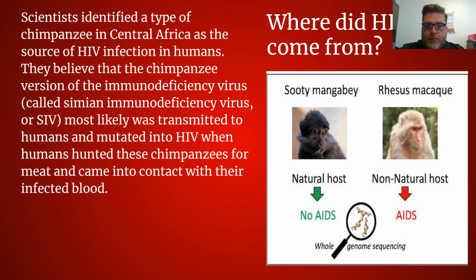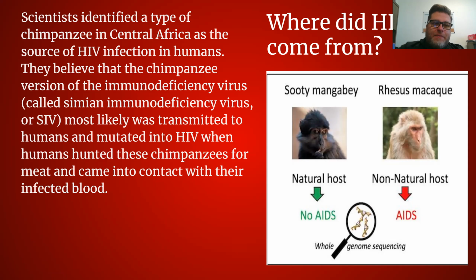Chances are what happened was this bushman was chopping up a monkey. He probably nicked himself. He was bleeding. He had an open sore, probably on his hand or his arm, something like that. And the HIV from the monkey got into the sore and infected the butcher.